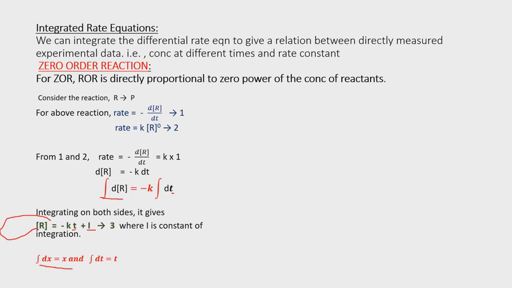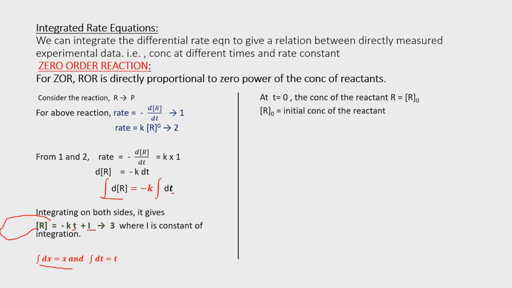Next, at t equal to 0, the concentration of the reactant capital R equal to R naught, equal to initial concentration of the reactant. Now again look, R naught equal to, students look this equation, this one.